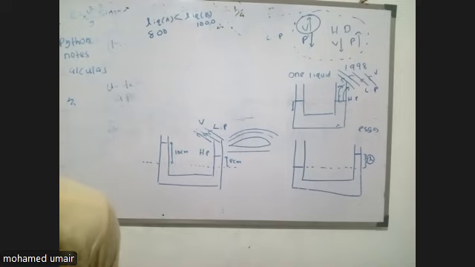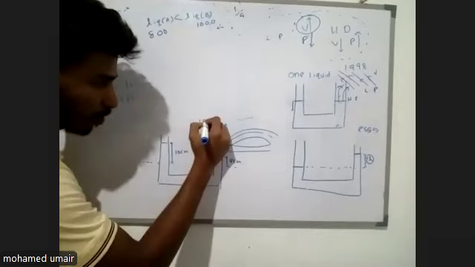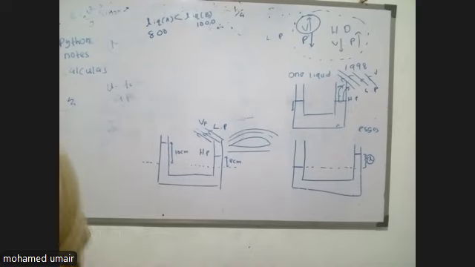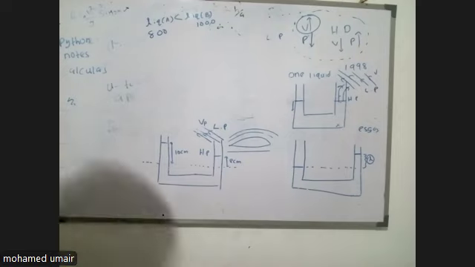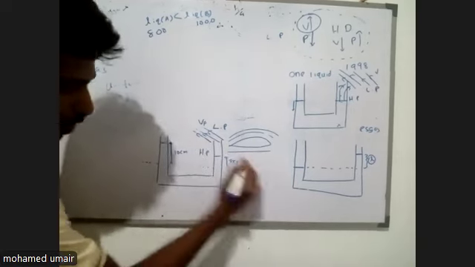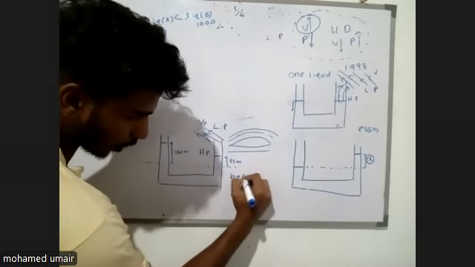Because if you read the question, if an air stream having horizontal velocity Vp flows at the end of the tube of liquid B, as shown in the figure, derive the relationship between the velocity of the air stream and the height of the liquid B from the common interface. So this is my common interface, just remember. This is before the airflow.